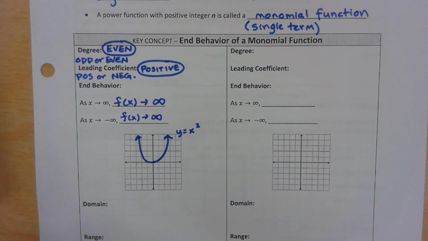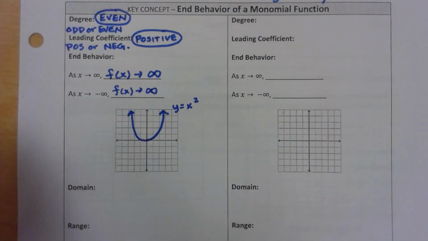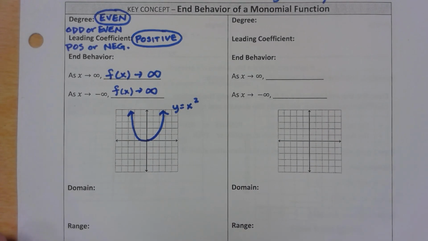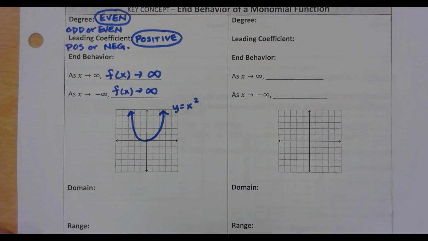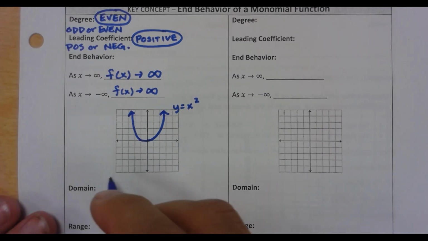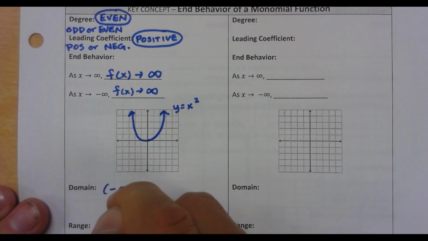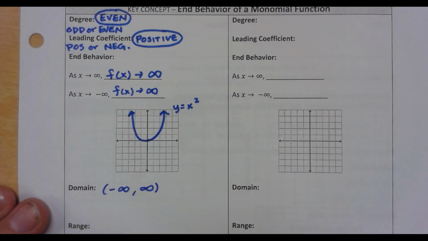All right, so what would the domain be for this function? Well, we can simply look at the example here. Domain is going to be all real numbers, negative infinity to infinity. Or we could write that as x such that x is an element of all real numbers.